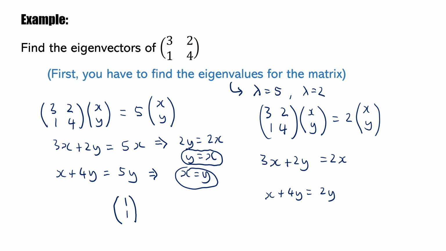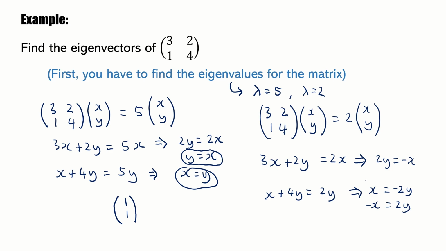But anyway, simplifying both of these relationships, the top one will end up simplifying to 2y equals minus x, and the bottom relationship will end up simplifying to x equals minus 2y, which is technically the same as minus x equals 2y. So there you go.